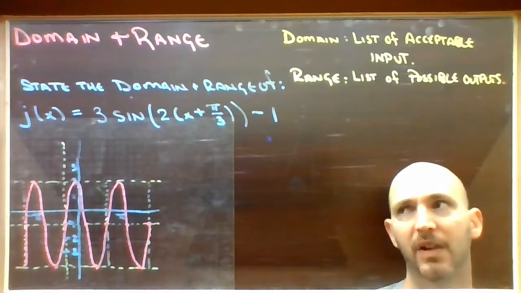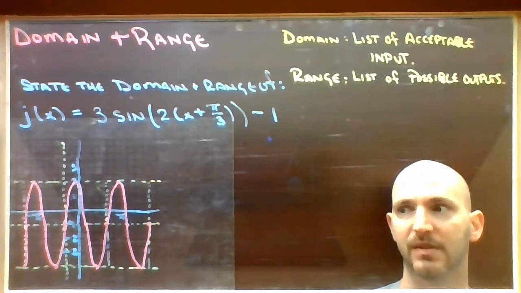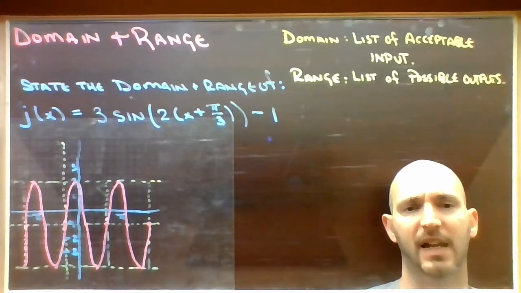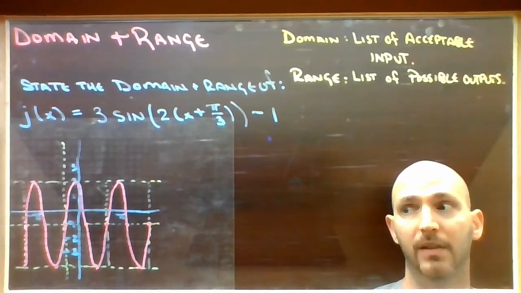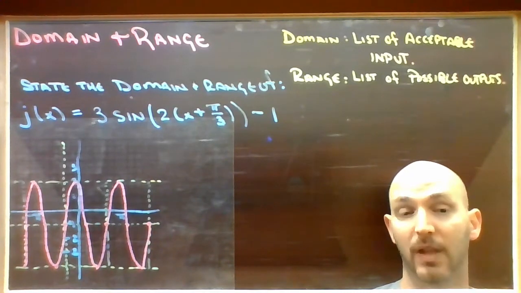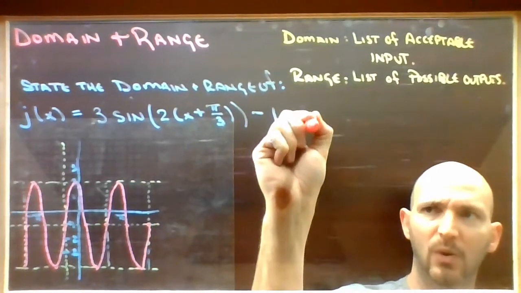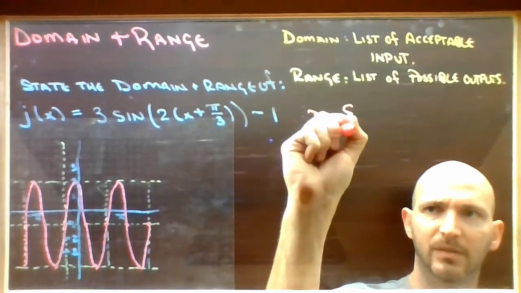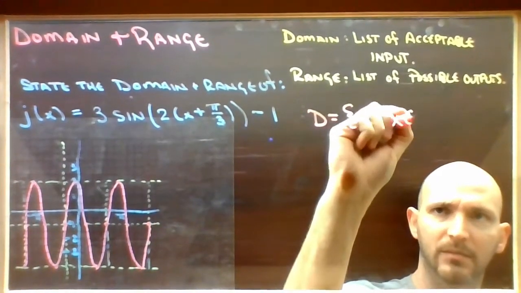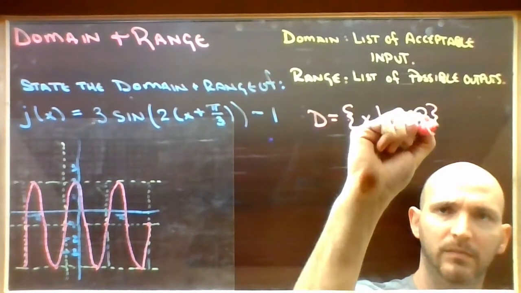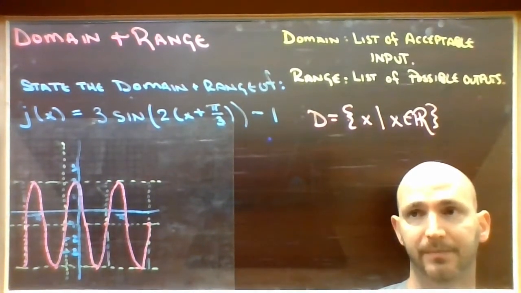And again, if you think about the other ones that did have restrictions, the domain restrictions either had a gap or they had a vertical asymptote, and this has neither. So there should be no restrictions on this domain. It will accept any real number.